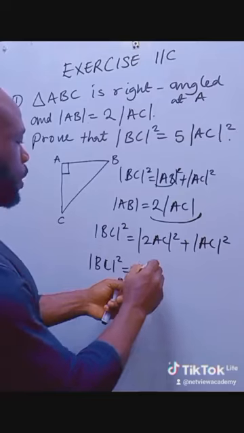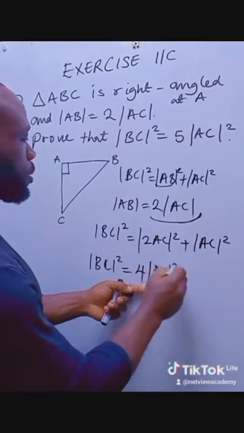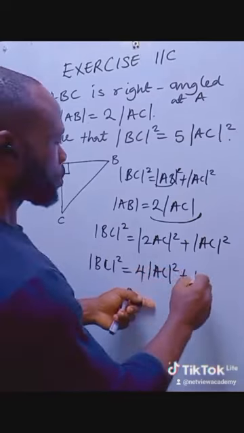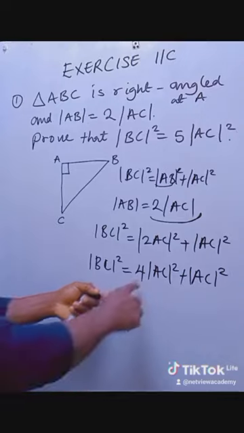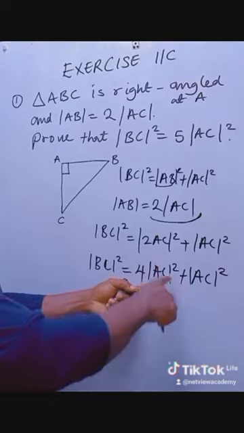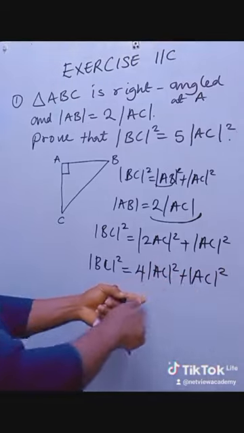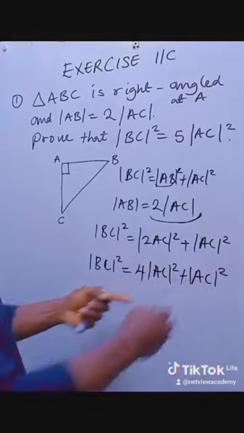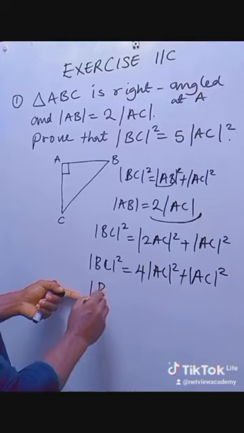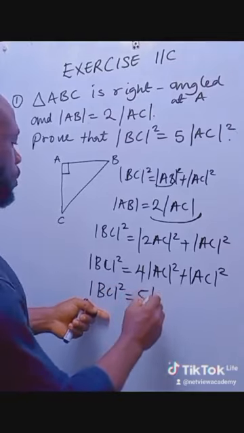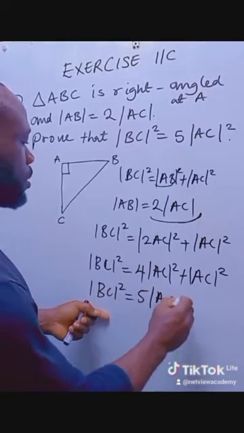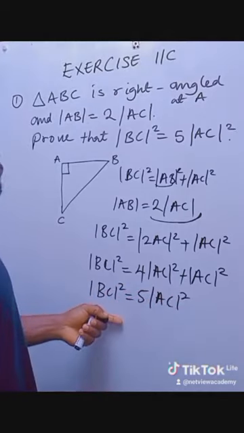The square of AC is still going to be AC squared, plus AC squared. So 4 multiplied by AC squared plus AC squared is equal to 5AC squared. Therefore, BC squared is equal to 5AC squared.